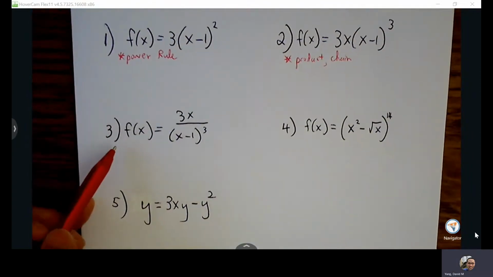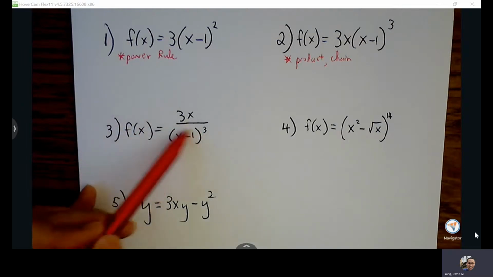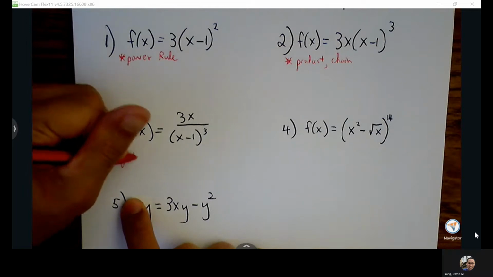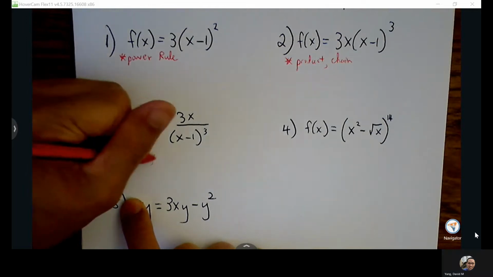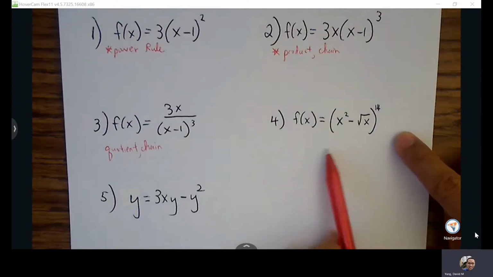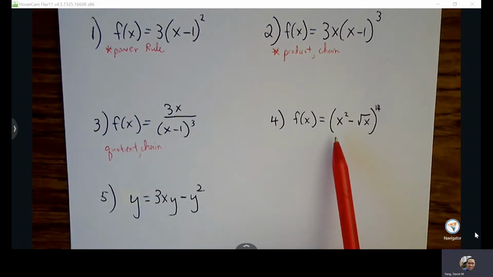Okay, how about number 3? Quotient and chain. There's a chain rule here as well. Okay, how about number 4? We don't need implicit here.